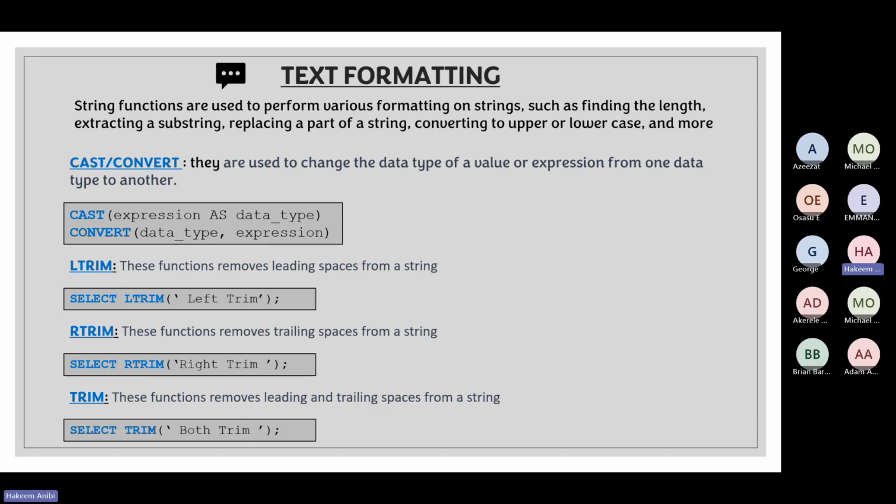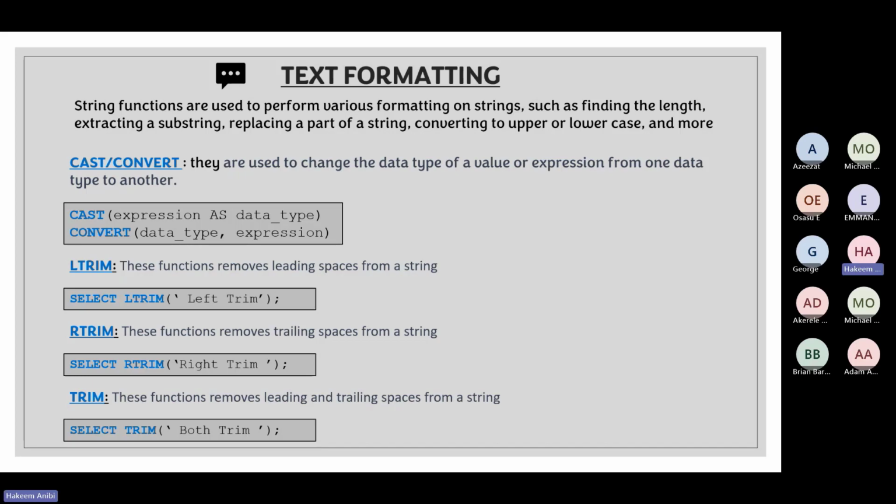So the very first function we're going to look at is the CAST or CONVERT function. There are actually two different functions, but they have the same functionality. They are used to convert one data type to another.